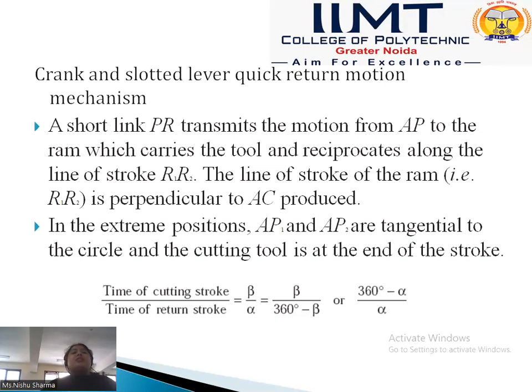So the ratio of the time of cutting stroke to the time of return stroke is beta upon alpha. We know that alpha plus beta is equal to 360 degrees, the full rotation of the crank, so alpha equals 360 minus beta.